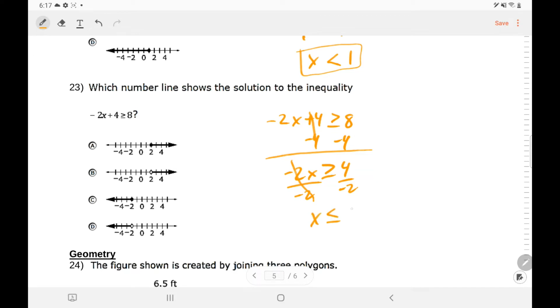So x is less than or equal to 4 divided by negative 2, which is negative 2. Remember, if it has an equal sign, it's a closed circle. So we know it can't be B and it can't be D. Numbers less than negative 2 could be negative 3, negative 4, negative 5, so it's that one.